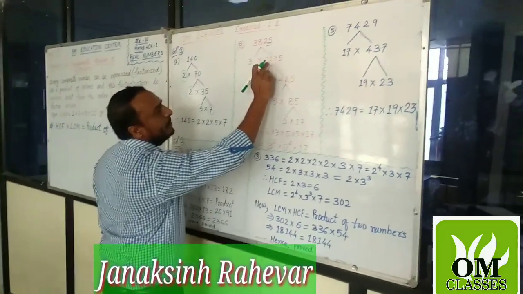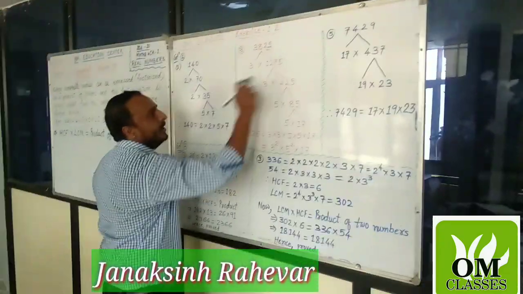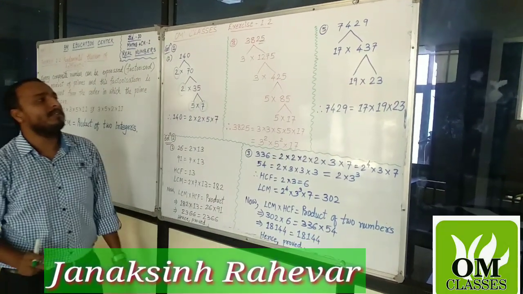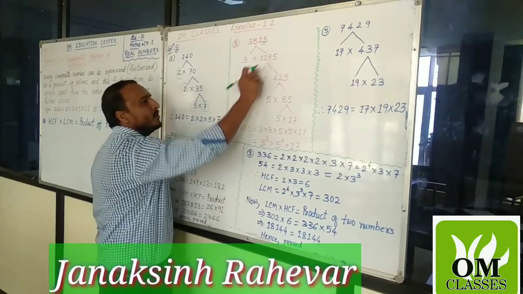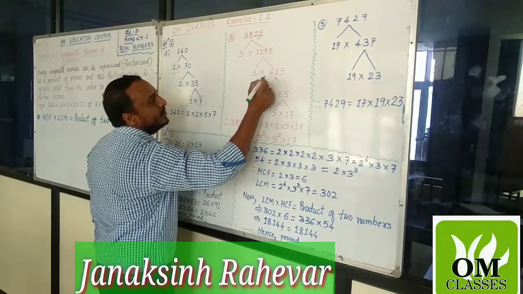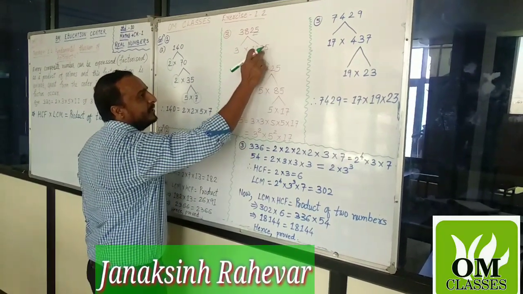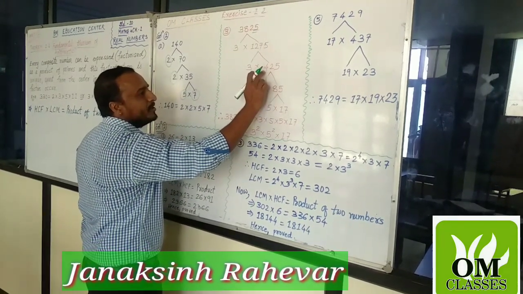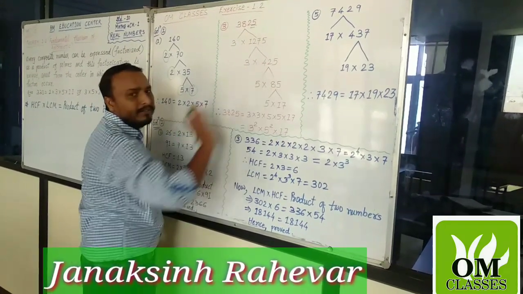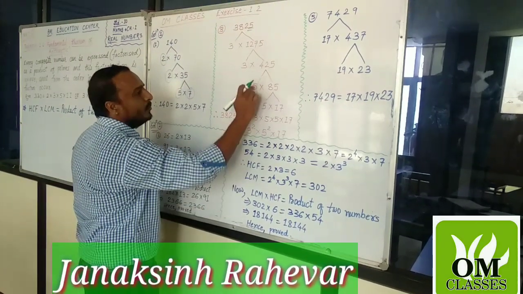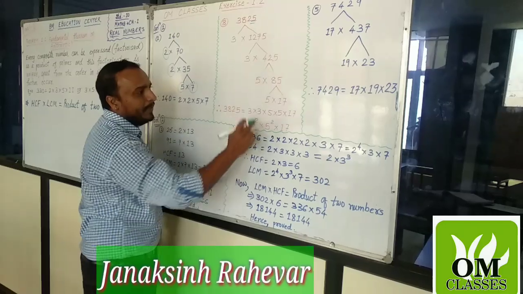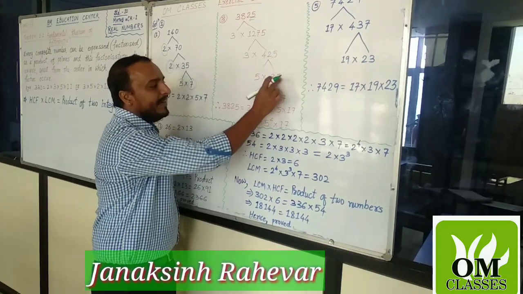3 into 1275. Again you have to check: 7 plus 5 is 12, plus 2 is 14, plus 1 is 15, which is divisible by 3. So this number is also divisible by 3, and 425 times 3 is 1275. Now 425 is not divisible by 3 because 4 plus 2 is 6, plus 5 is 11, which is not divisible by 3. So move to 5. 5 into 85 is 425, and 17 fives are 85.